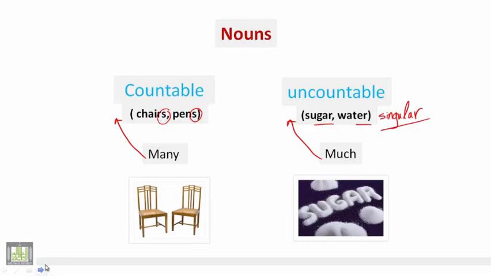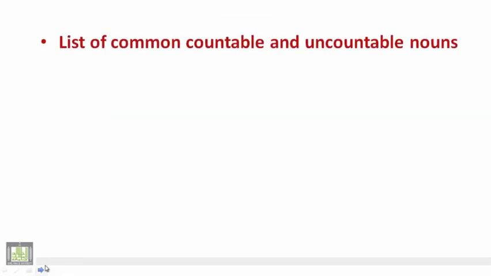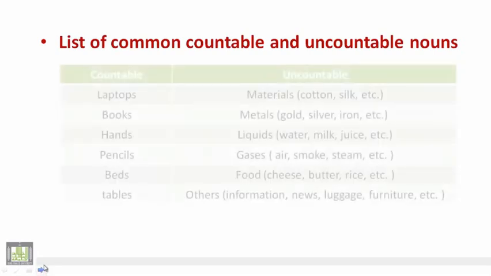Alright, now let's move to talk about something else. Here I've tried to compile some of the most common countable and uncountable nouns. حاولت أن أبذل جهدي في جمع بعض أكثر الأسماء الشائعة غير المعدودة والمعدودة.